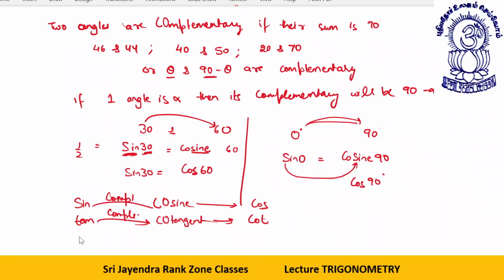Then comes cos. Then we have a ratio called sec theta. Its complementary will be cosec theta, cosecant theta, that is cosec. This is the way we name things.